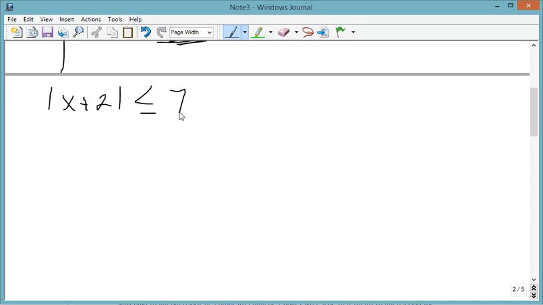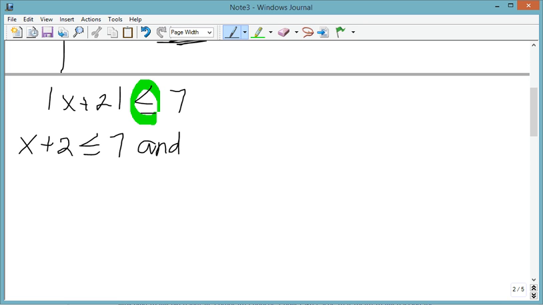That's our goal. In order to get rid of the absolute value, you have to make it into two equations.